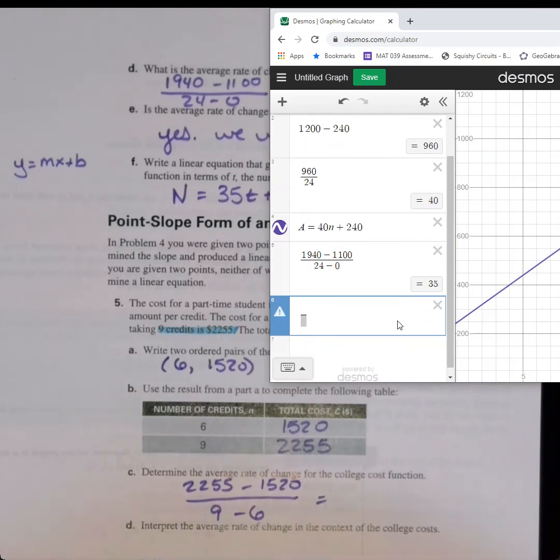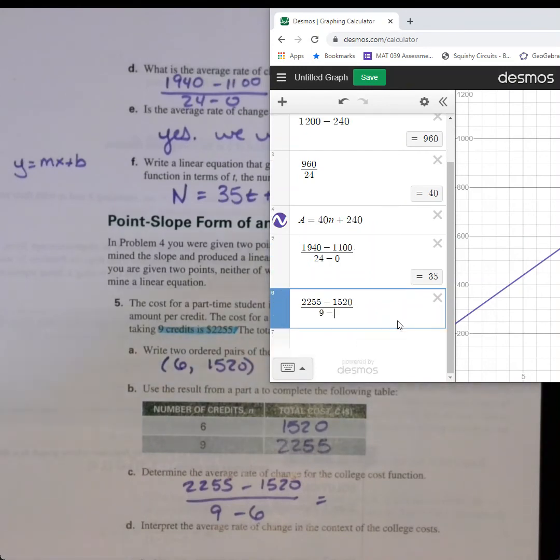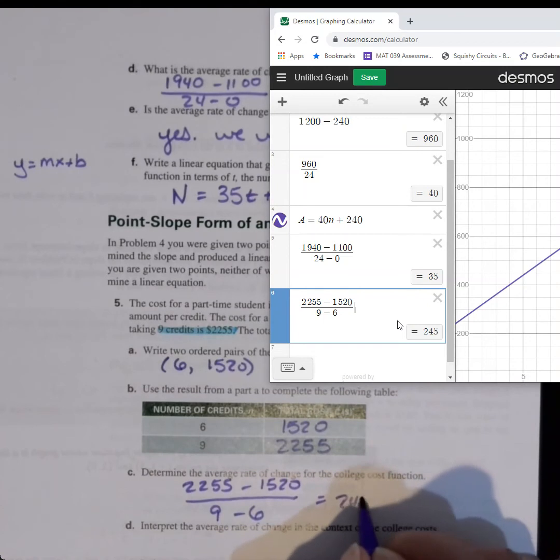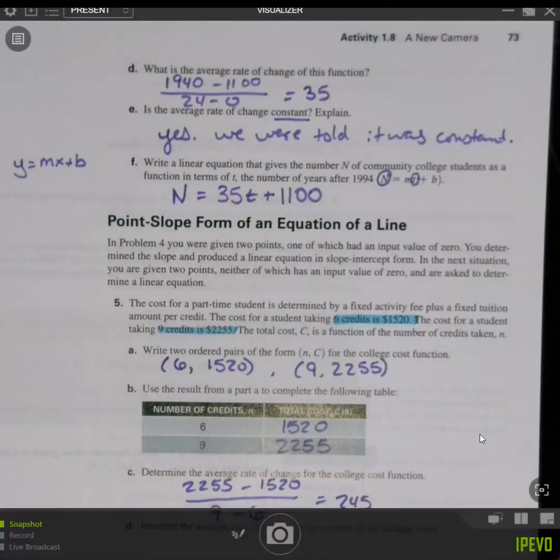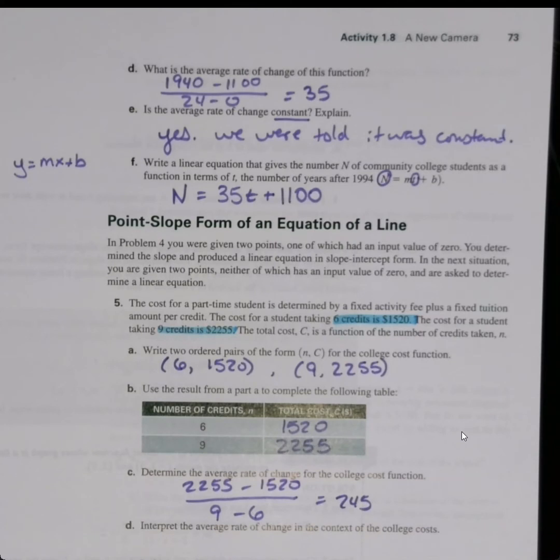So I have my quotient of output over input, oops, I mistyped that one there. Okay. And change in input would be our 9 minus 6. So this one comes out as 245.